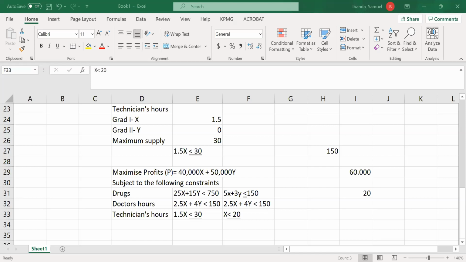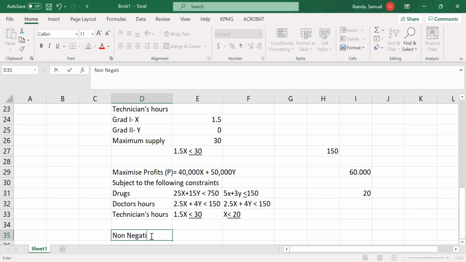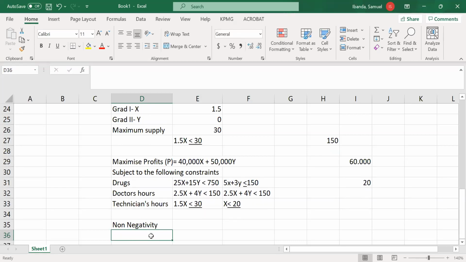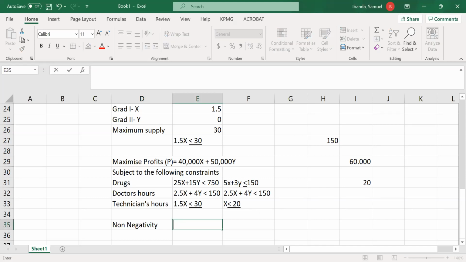So if we have that, one of the things that we also do is we have what we call the non-negativity function. Non-negativity, what it basically means is we cannot have negative patients. So X and Y cannot be negative. So we say X, Y should be greater or equal to 0.